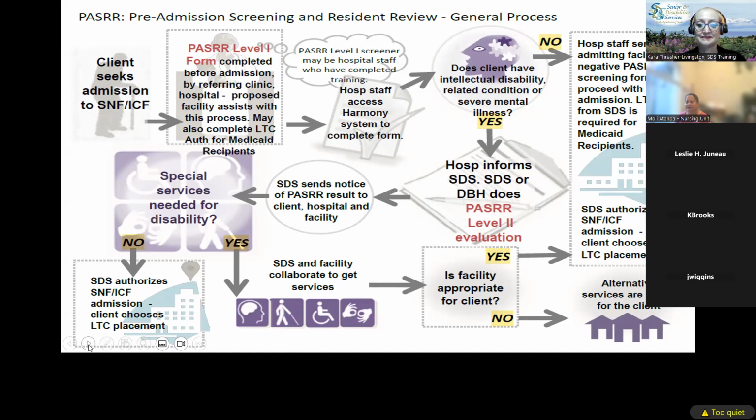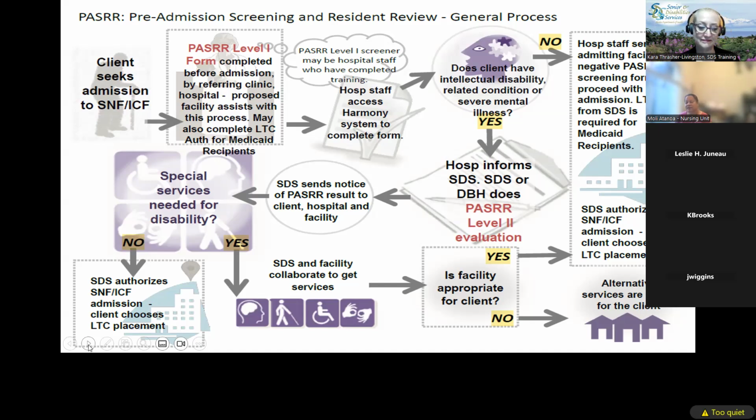Once that determination has been made, a PASRR Level 1 screening form will need to be completed. We're looking to hospitals or the referring clinic to complete the form. And for Medicaid recipients, we will also be looking for the long-term care authorization form. So you'll have your PASRR Level 1 form for non-Medicaid patients, and both your PASRR Level 1 form and your long-term care authorization form for Medicaid patients.